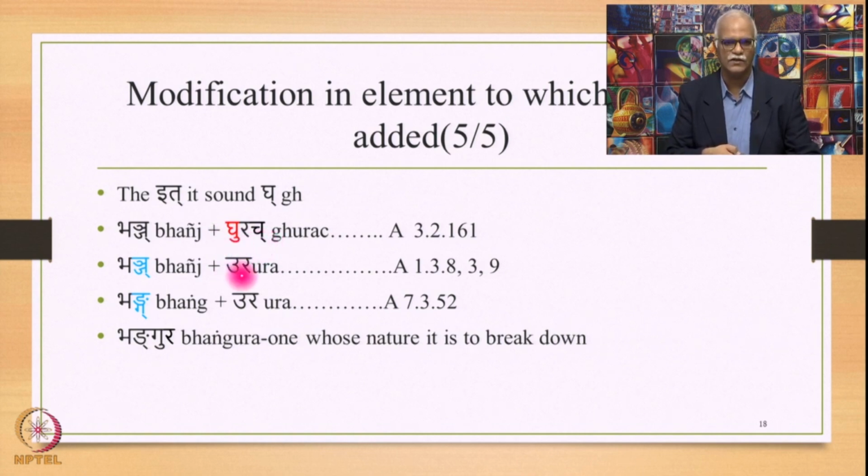So we get ur. So bhanj plus ur. So here is the substituent j, which is then changed to g, and because of this g, this n is also changed to ng, and we get the form bhangur, that is one whose nature it is to break down. So this substitution is caused by the it sound gh.